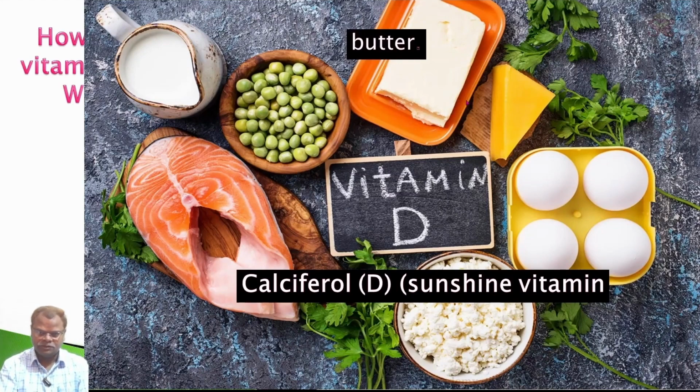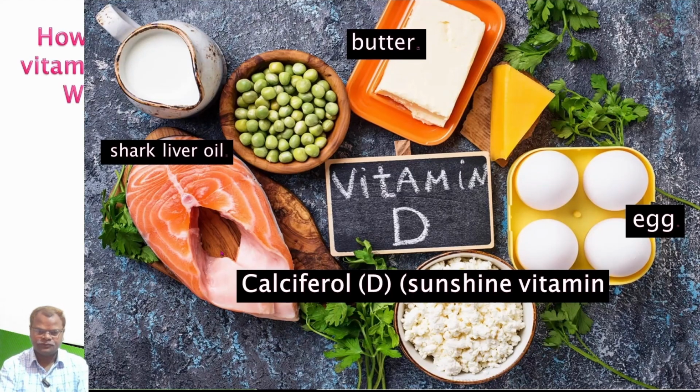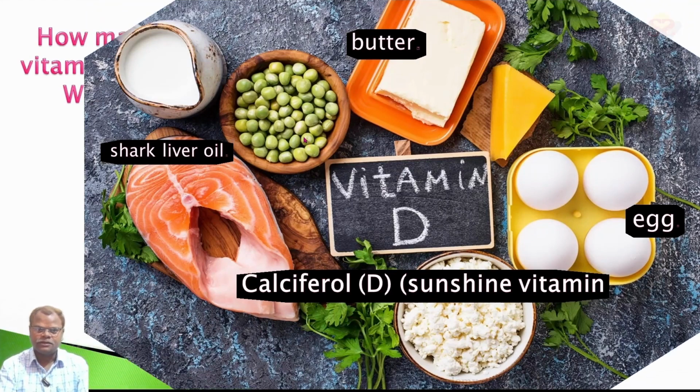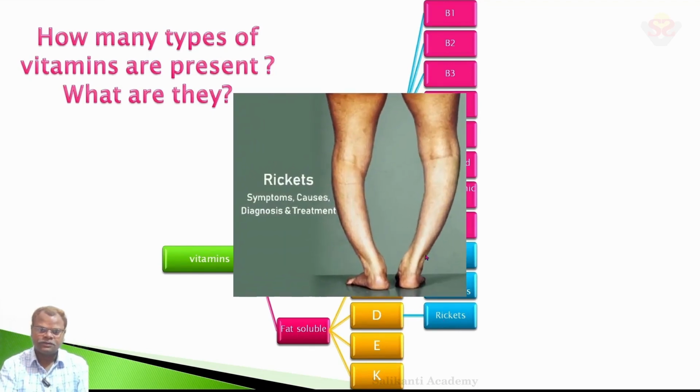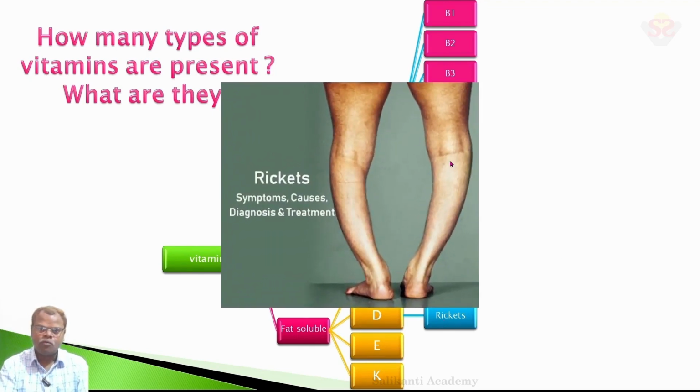Butter has vitamin D, eggs also have vitamin D, and shark liver oil, fish, seeds and cereals also have vitamin D. Lack of vitamin D in the diet causes rickets. The characteristics of rickets are like this. They have bow legs.